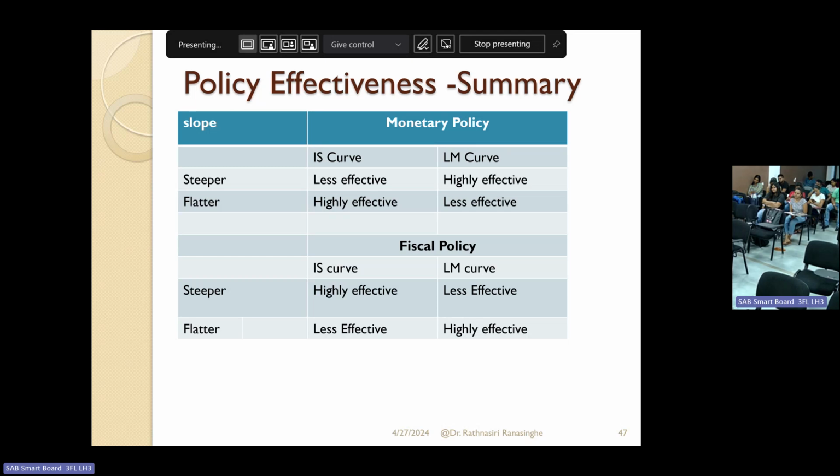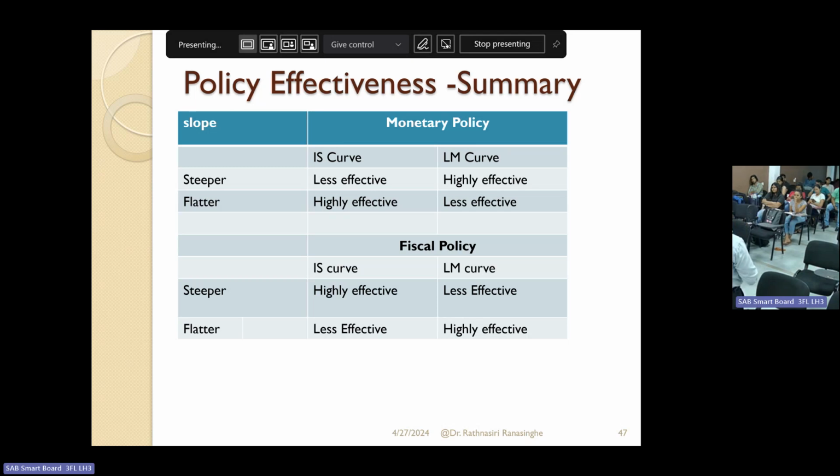Now, can you see what a steeper LM curve is? What is a steeper IS curve? For the IS curve, mainly we take the interest elasticity of investment. If you have a steeper IS, it means a steeper investment curve.